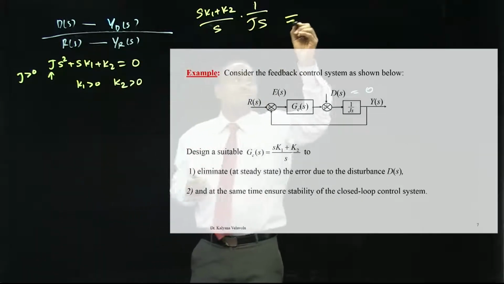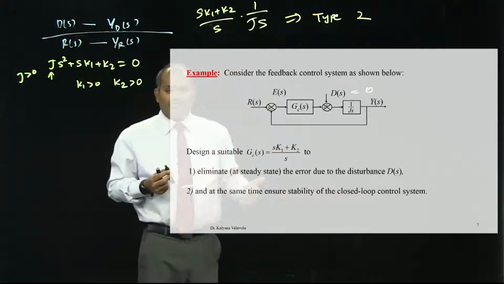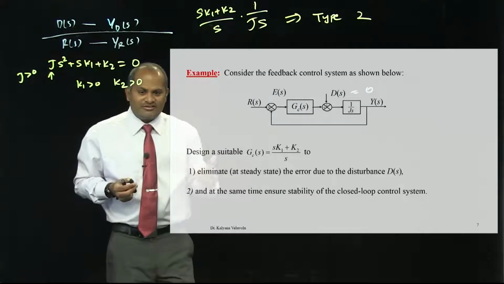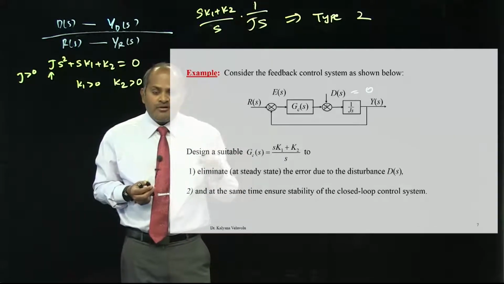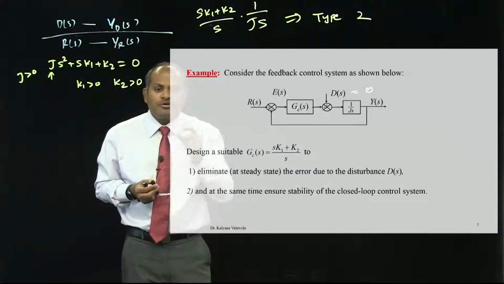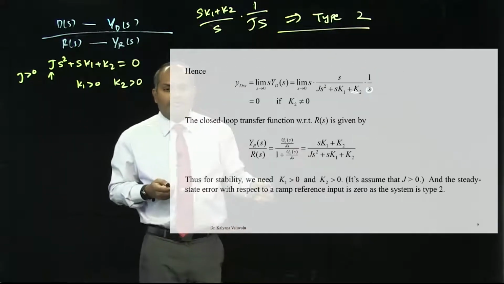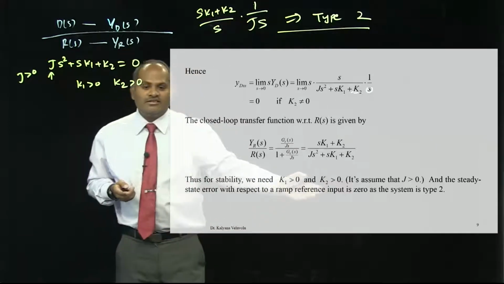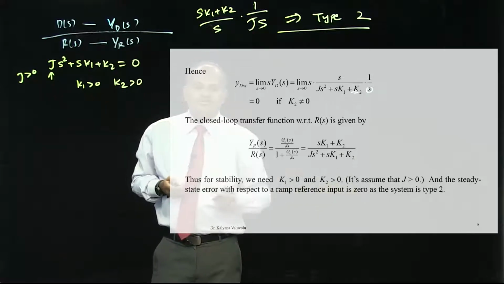The system is type 2. We know that a type 2 system gives 0 steady state error for unit step and also 0 steady state error for unit ramp, and gives you constant error for parabolic input. So, this we can easily observe. From that we can also ensure that the steady state error with respect to unit ramp reference is 0 as the system is type 2.